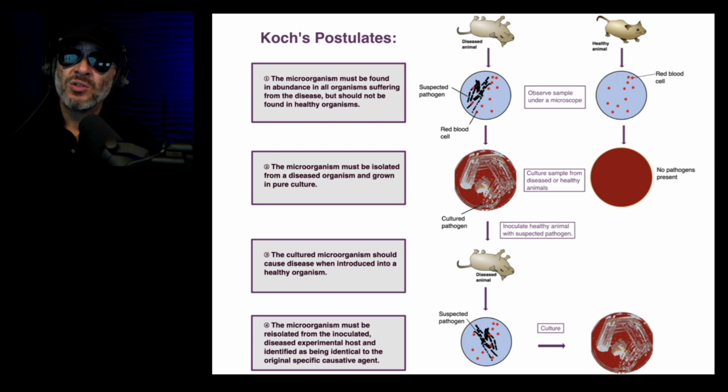So if Koch's postulates genuinely have not been met, it doesn't mean that there's not a SARS-CoV-2 virus. It means that the sickness that we see people suffering from in the hospital is not necessarily that virus until we see the sequence completed.